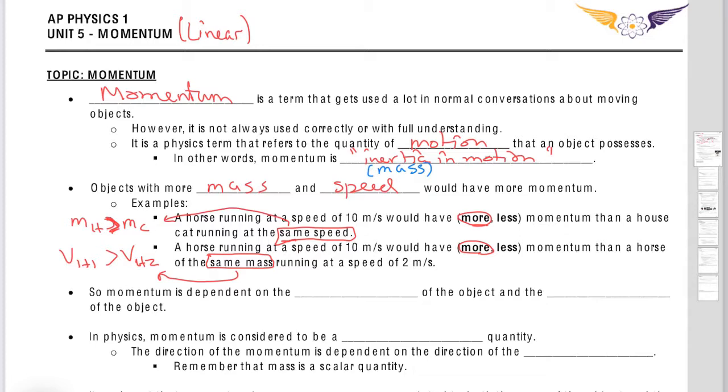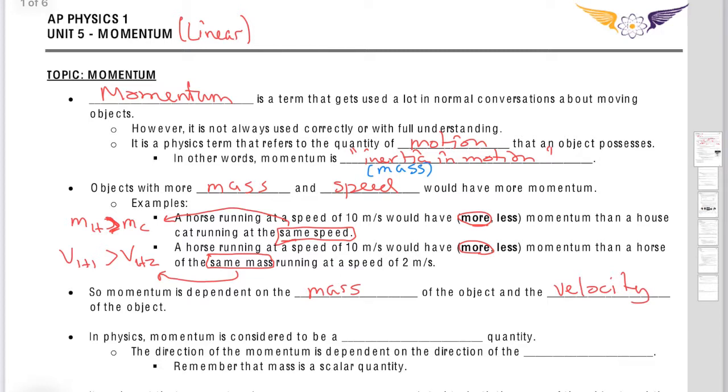So what you need to understand is that momentum is dependent on two things: mass, so how big the object is, and the speed of the object. Or more specifically, it's the velocity. We'll get into that in a second. Why is it velocity versus speed?